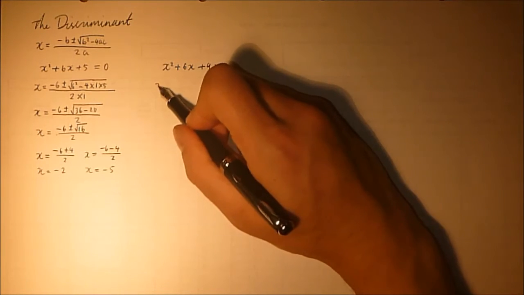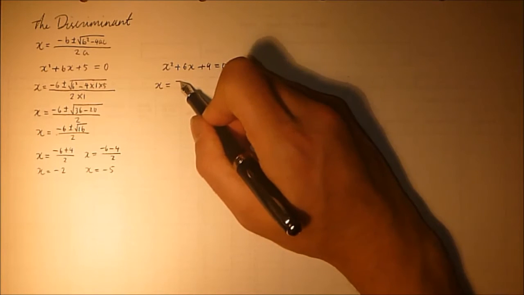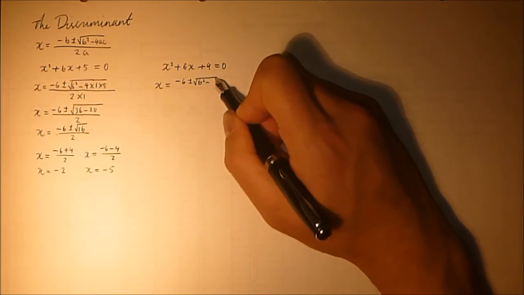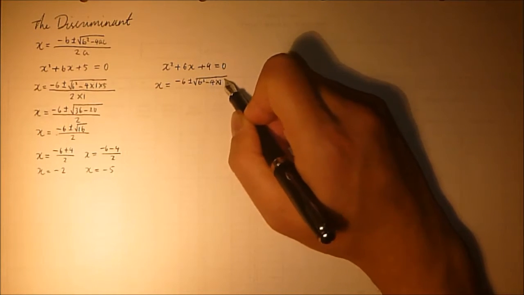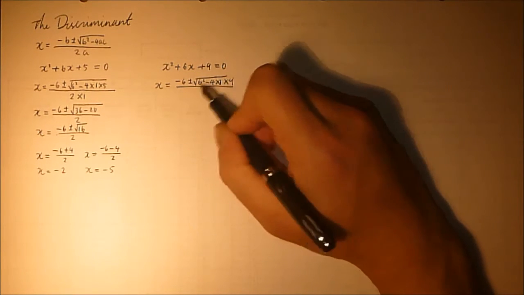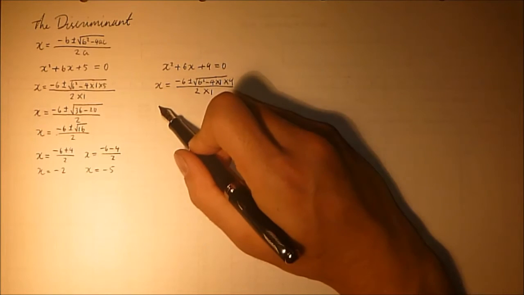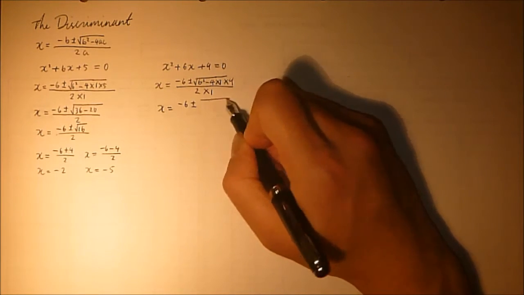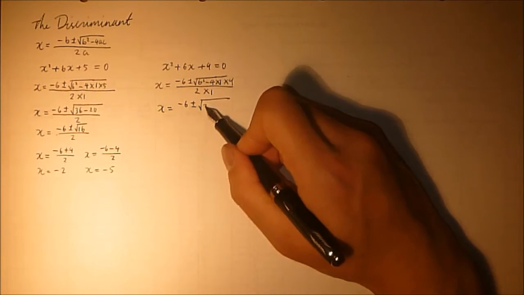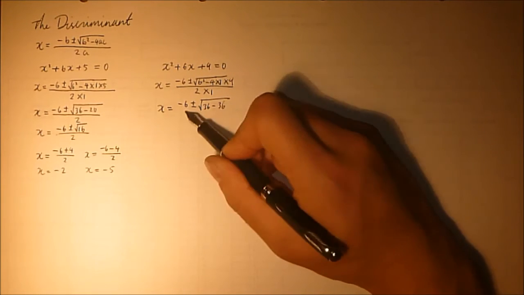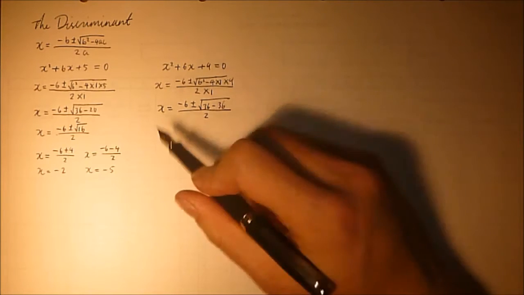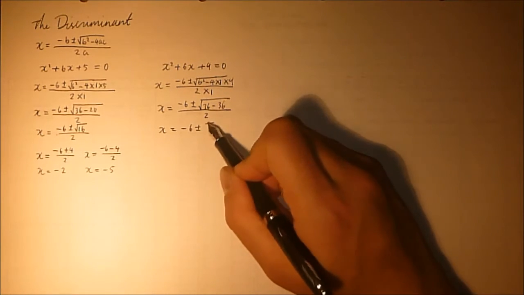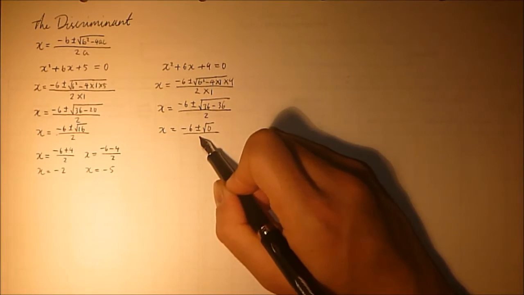Once again, the quadratic formula equals negative 6 plus or minus the square root of 6 squared minus 4 times 1 times 9 over 2 times 1. x equals negative 6 plus or minus the square root of 36 minus 36 over 2, and x equals negative 6 plus or minus the square root of 0 over 2.